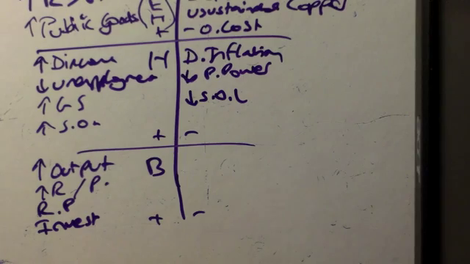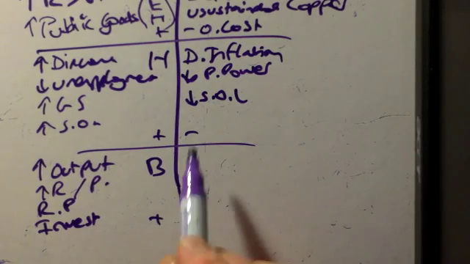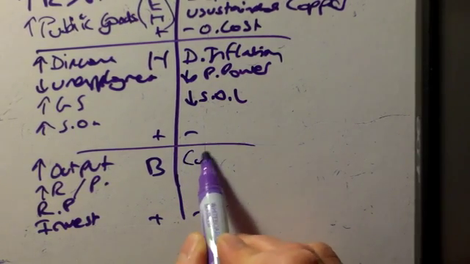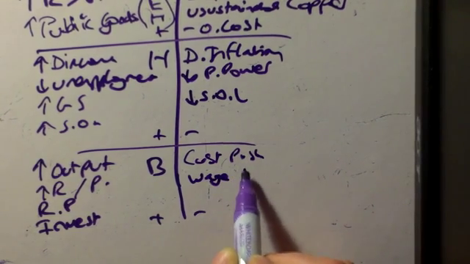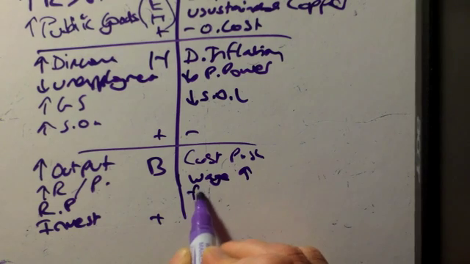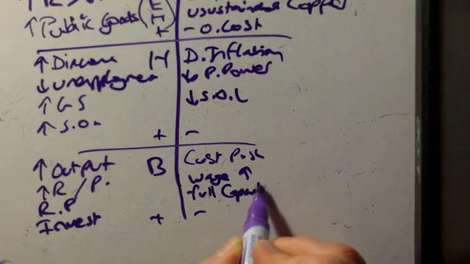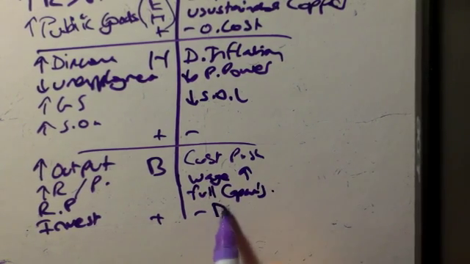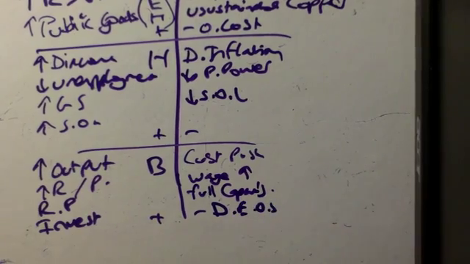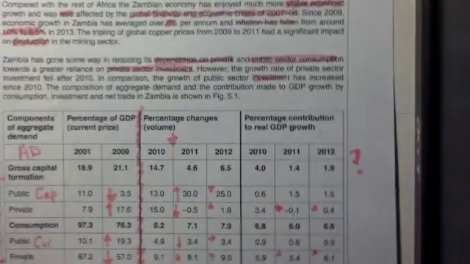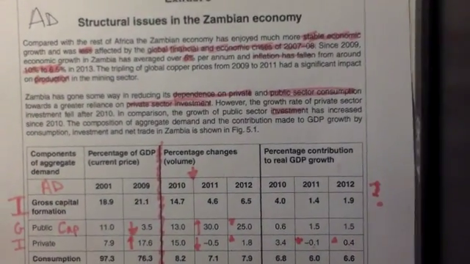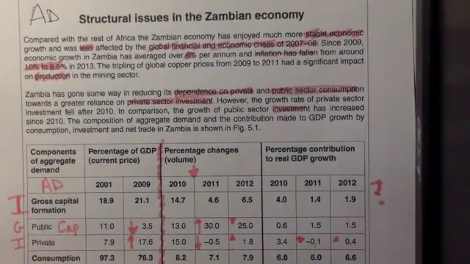In terms of a negative to a business, it may lead to cost push inflation as the wage rises due to becoming close to full capacity. Or if you want to make it a micro, you could talk about maybe diseconomies of scale within that. So there's a quick link to costs and benefits of economic growth in that first part.